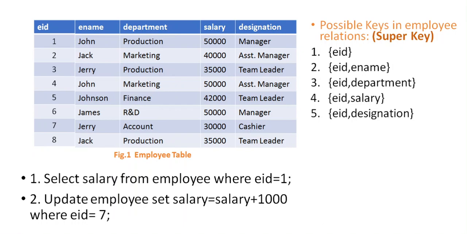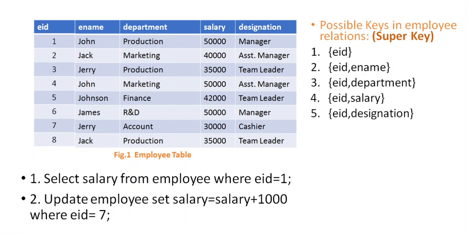Okay, now all these are the possible keys. Why are these the possible keys? Because using all these sets, we can uniquely identify the person, we can uniquely identify the tuple. Now here if you look at all these 5 combinations, in all 5 combinations, employee ID is the common attribute.